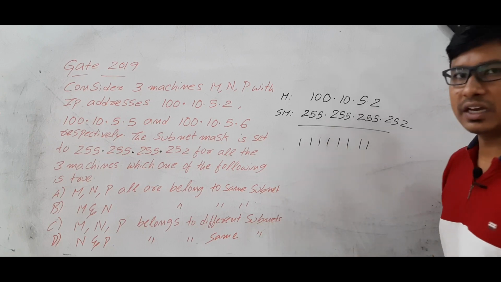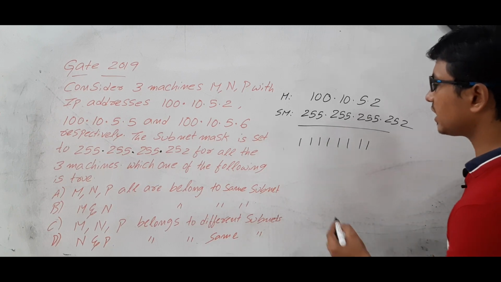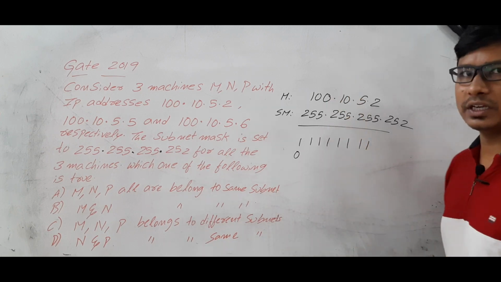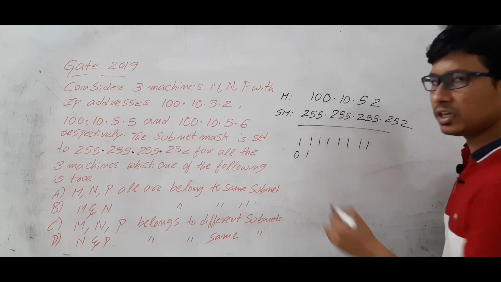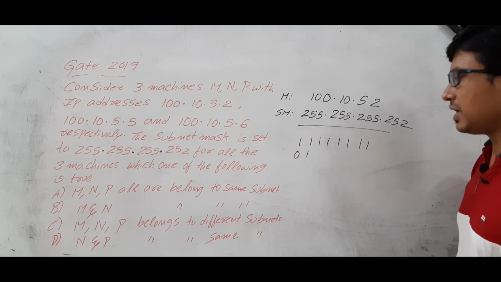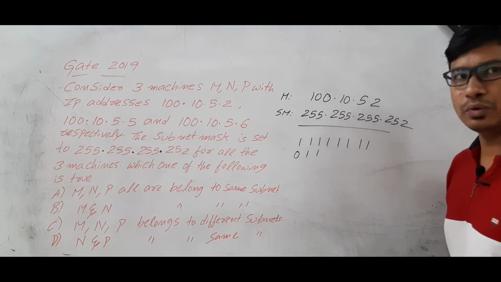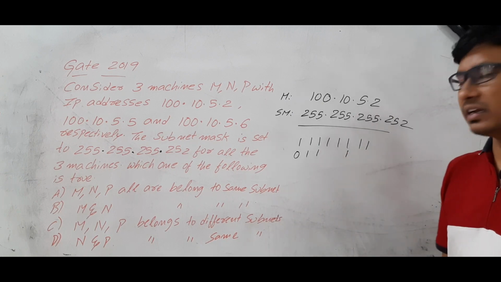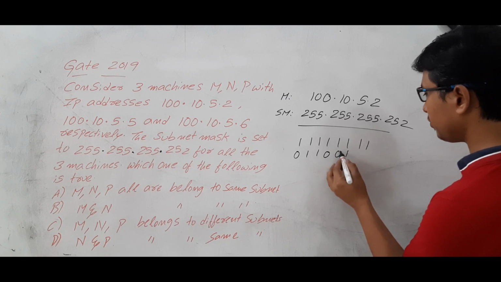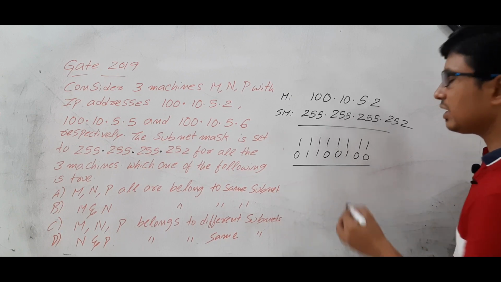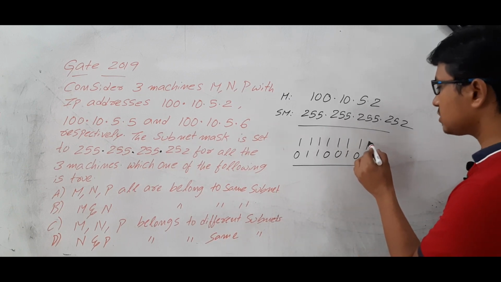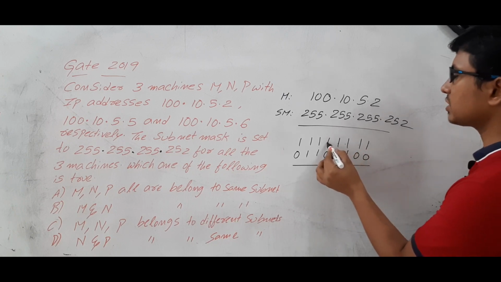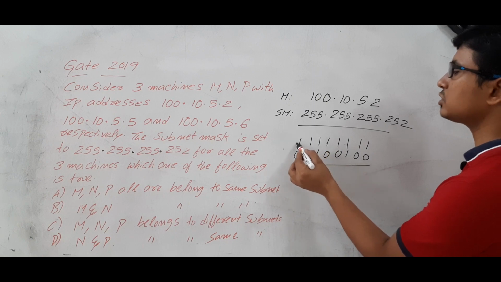Now if you take 100, how can I write it? 128 I should not write, because 128 is more than 100. 64 I should write. 64 plus 32 will be 96, and then 4 makes 100. If you want to verify, you can. The bit weights are 2 power 0, 2 power 1, 2 power 2, up to 2 power 7.